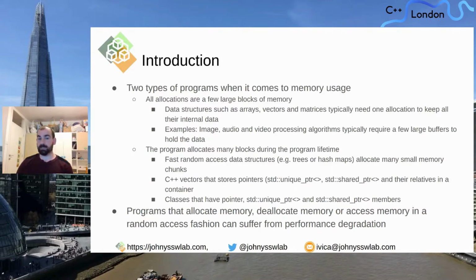Classes that have pointers to other classes as data members will also put a large stress on the system allocator and on the CPU's memory subsystem. So all these programs that allocate many memory chunks and access memory in a random fashion can suffer from performance degradation.